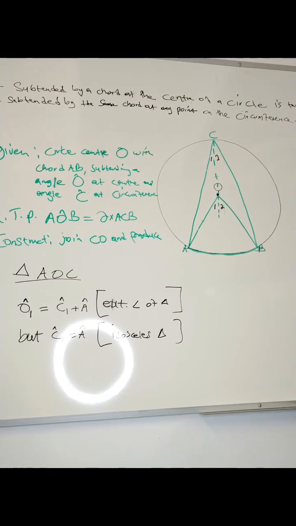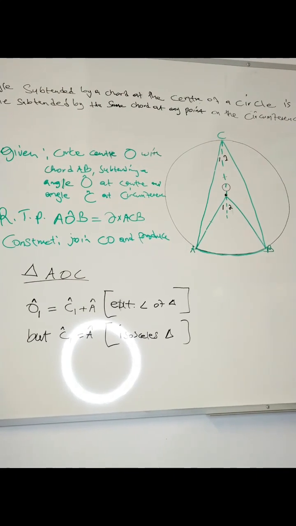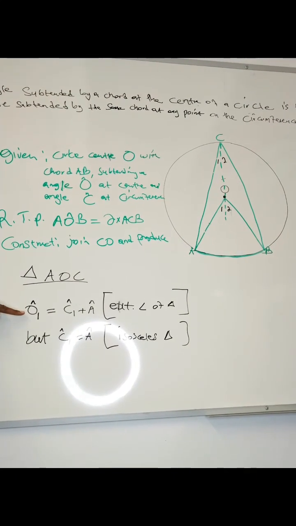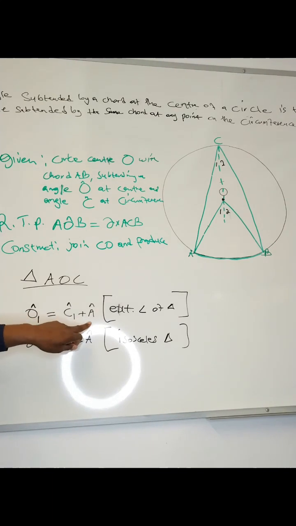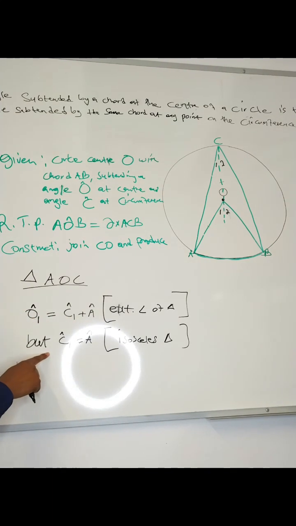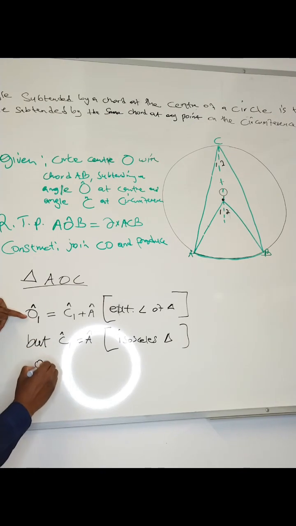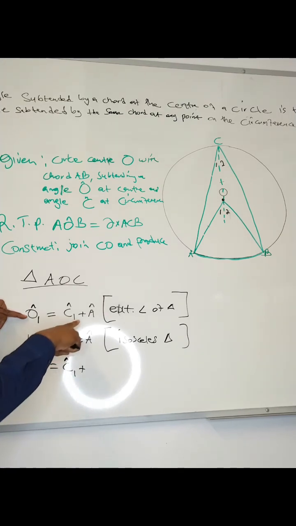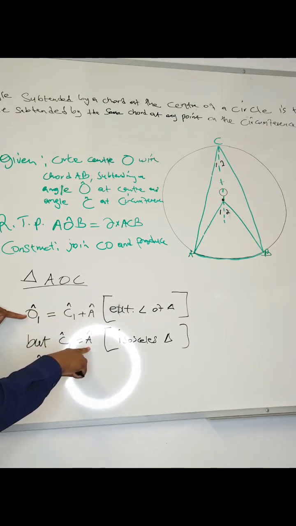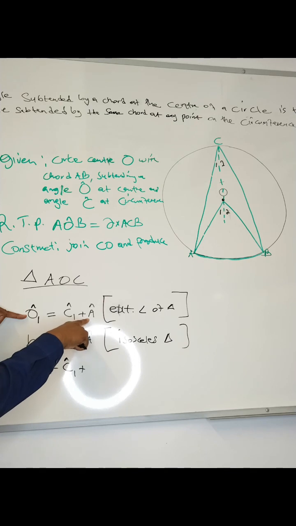So, going further here, we said angle O1 is equal to angle C1 plus A. But we said here C1 is equal to A. Can you see?